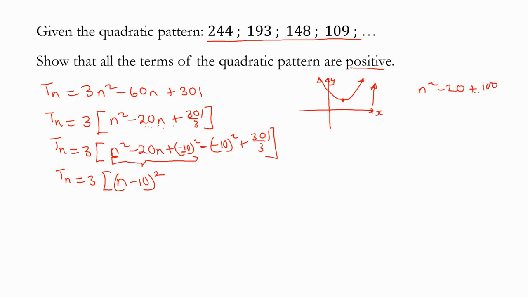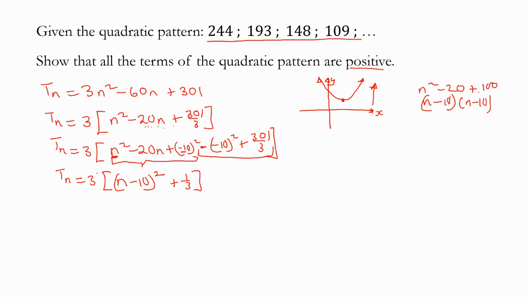The factors here will be negative 10, negative 10, which is n minus 10, n minus 10, which is n minus 10 squared. Right, and then negative 10 squared plus 301 over 3 will give us 1 over 3. You can put this whole thing into your calculator. You'll get positive 1 over 3.